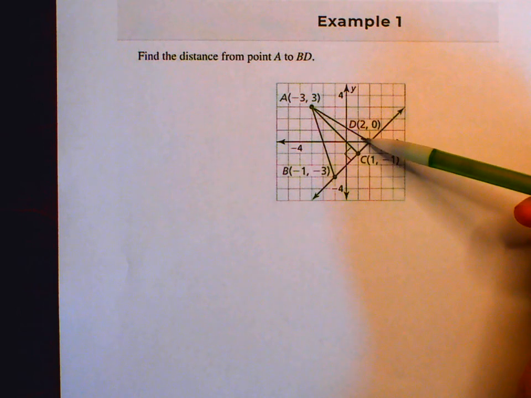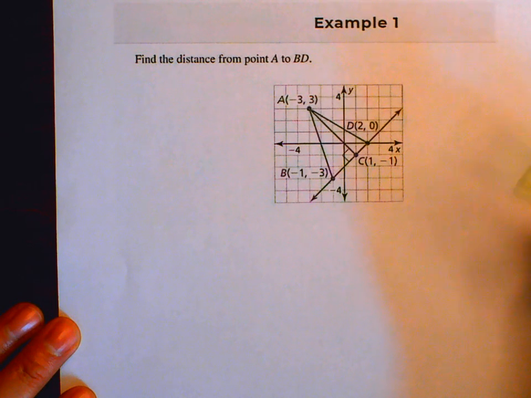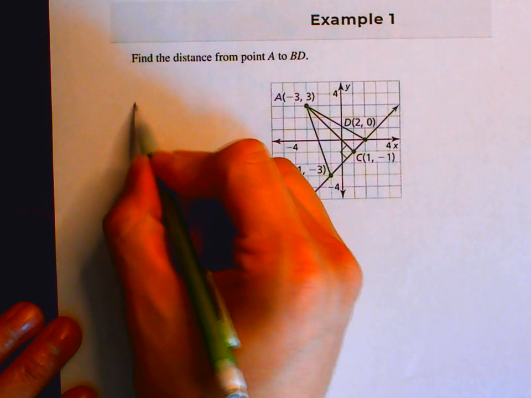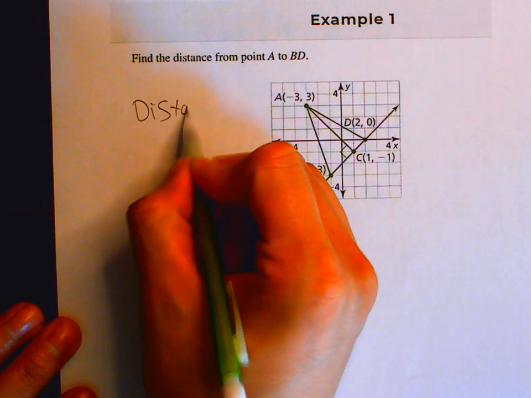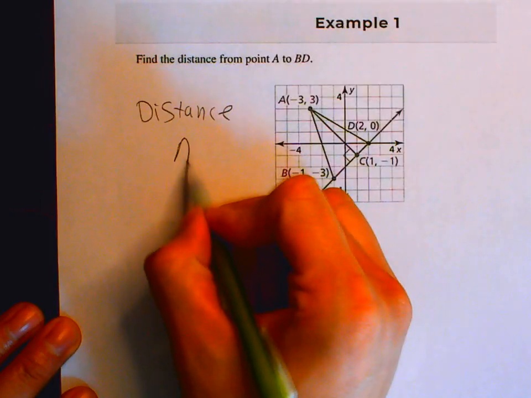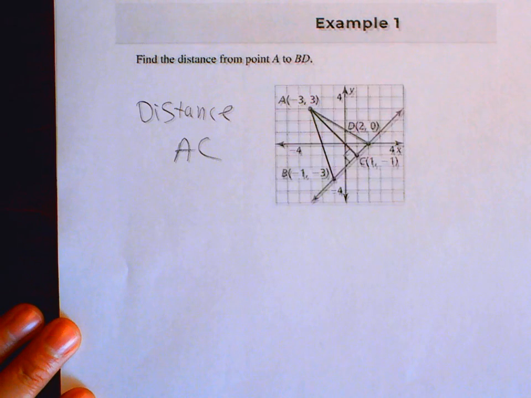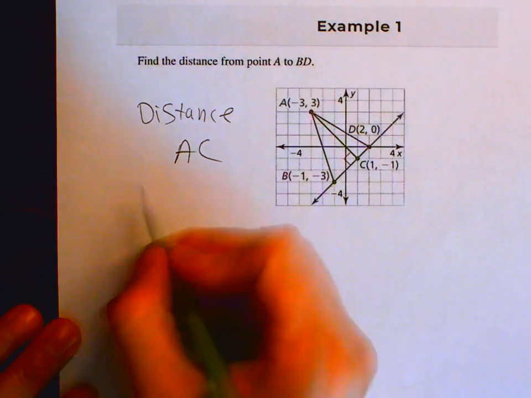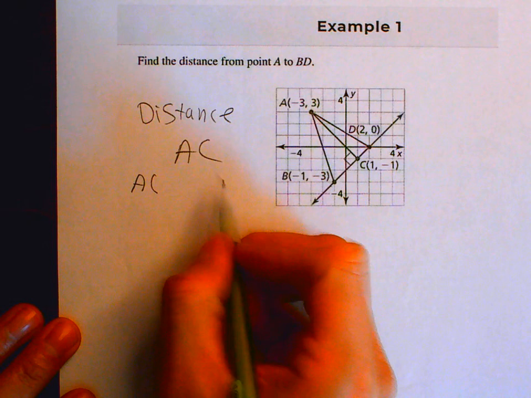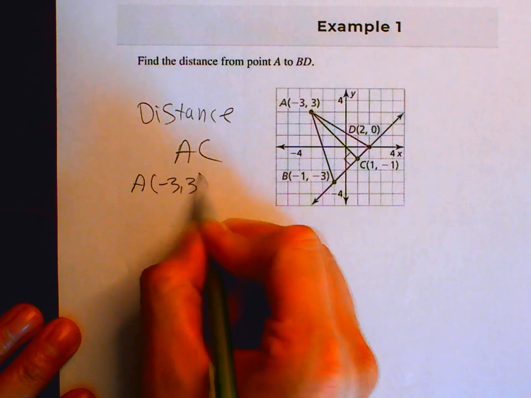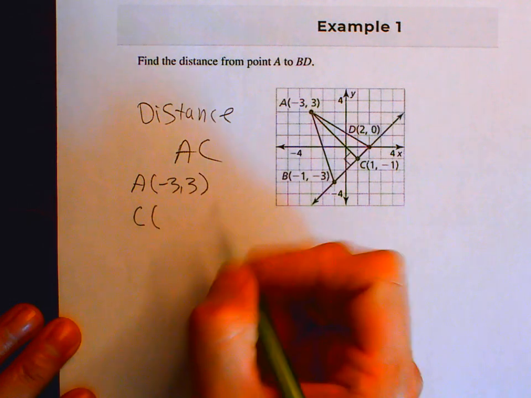So these two, they're confusing you. The shortest distance is AC. So what we need to find out is what is the distance of segment AC.